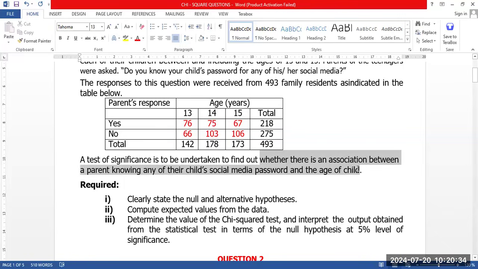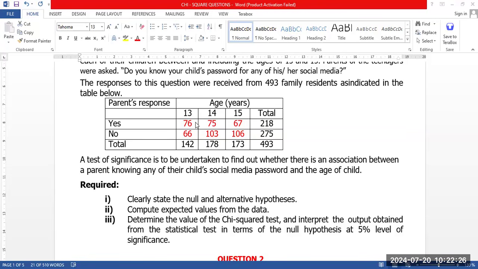He or she wants to confirm whether parents actually know the password. So what is stated here in the question is your null hypothesis. Then the opposite of what is stated here is your alternative. We are going to state the null and the alternative hypothesis.